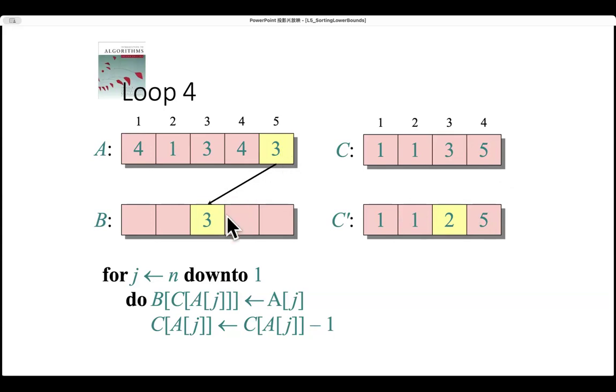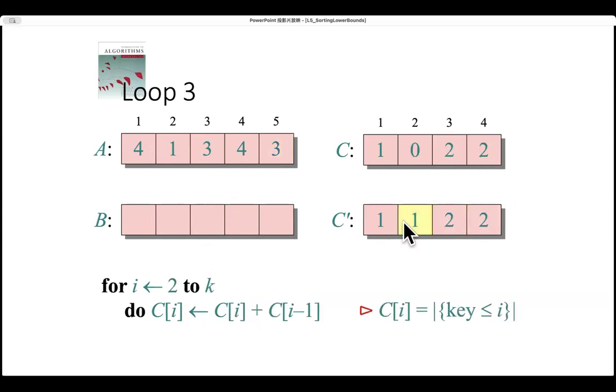You also copy that here. So that's why you don't just directly output from this auxiliary array. That's the first consideration.